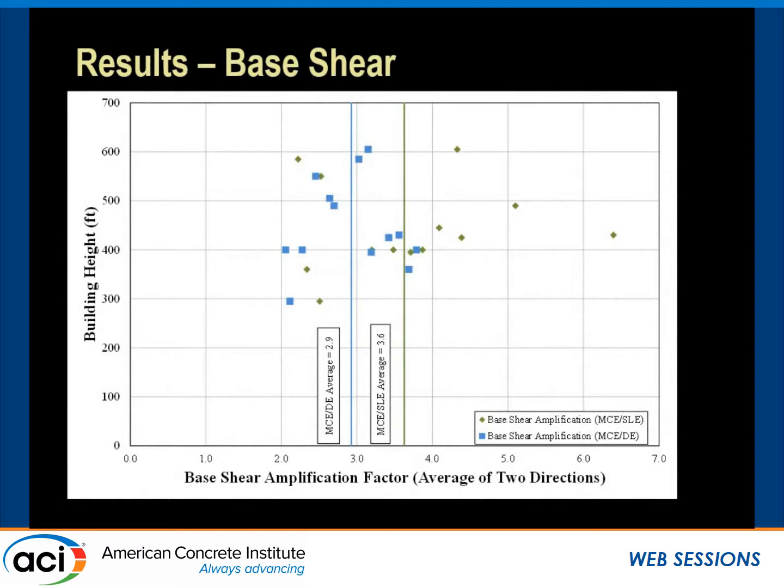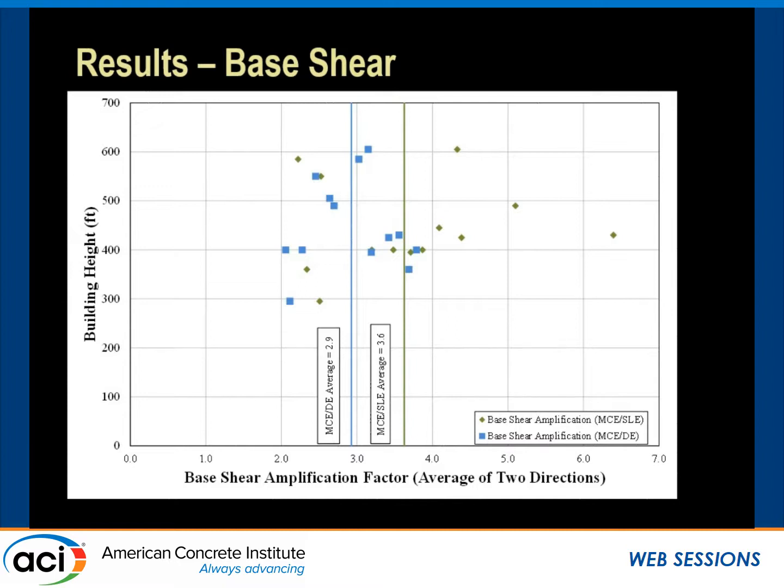So these are the actual results. This is the base shear amplification factor plotted on the x-axis versus the height of the building. Now I have some standard deviation values written down here. So the first observation we have here, and there's a few things we can take out of this.